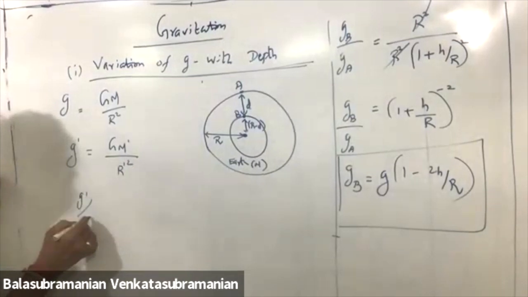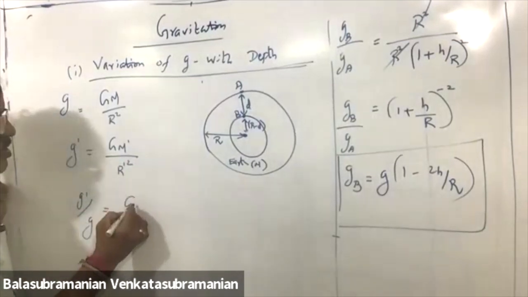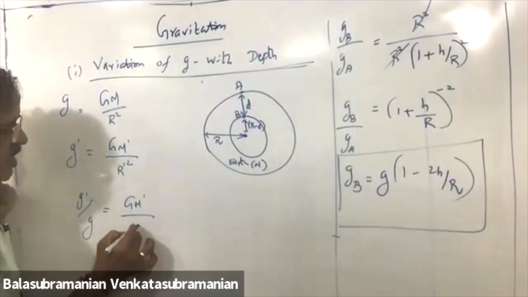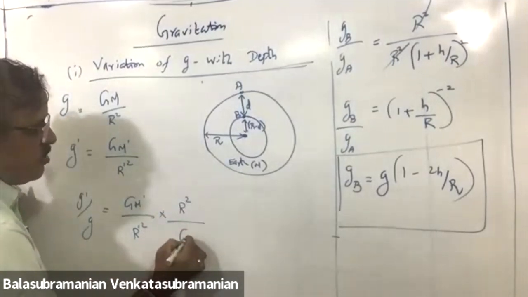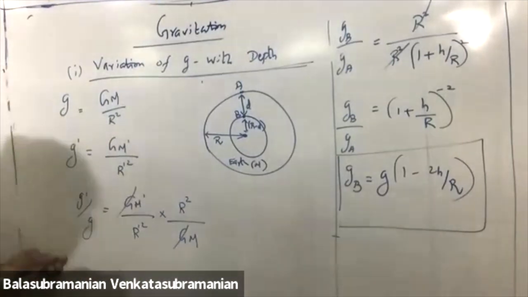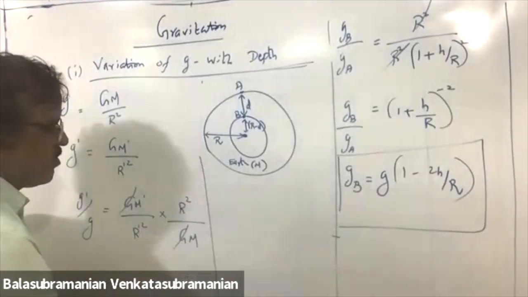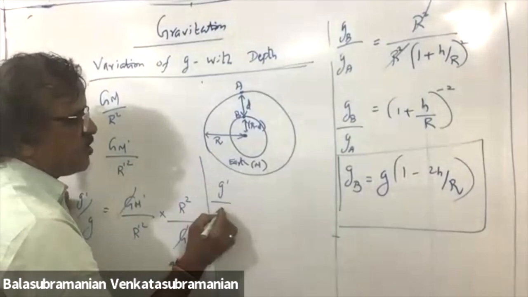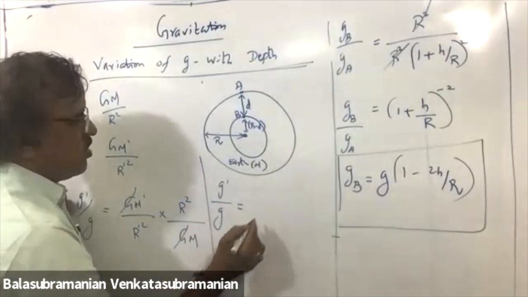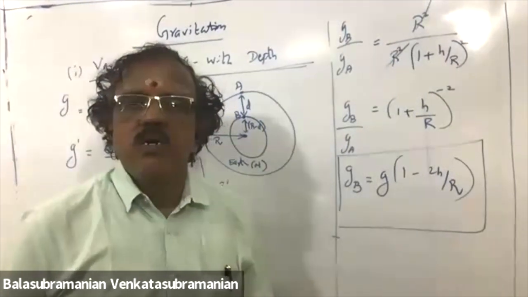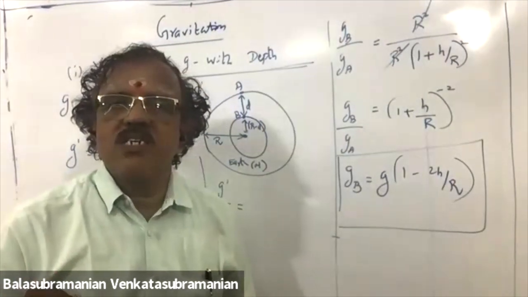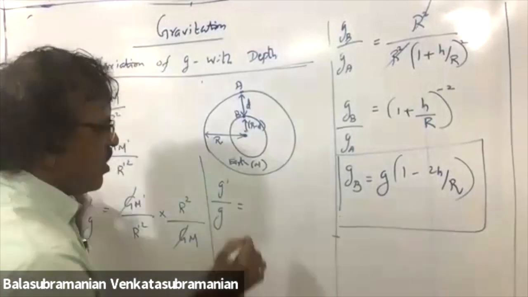So g dash by g is equal to GM dash by R dash square into R square by GM. G cancels. g dash by g is equal to M dash R square by M R dash square. What is M dash? Mass is volume into density.